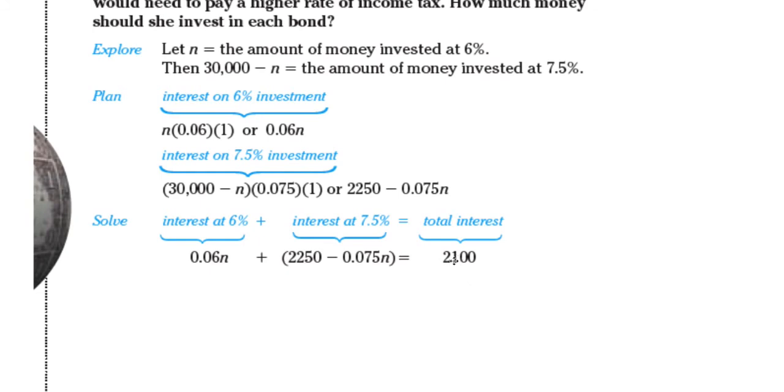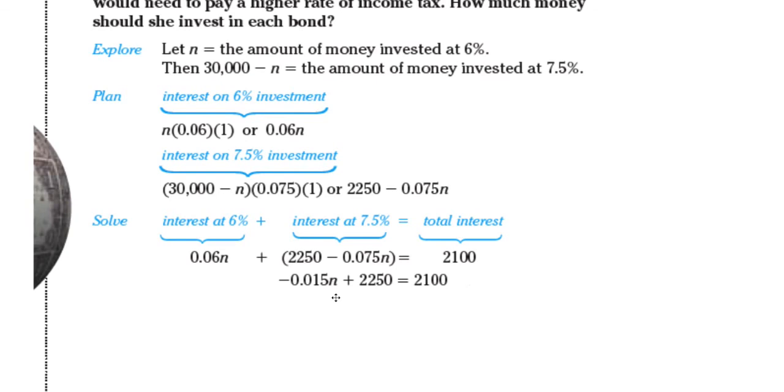And let's start simplifying our problem. Once we combine 0.06N minus 0.075N, you end up with negative 0.015N plus 2,250.